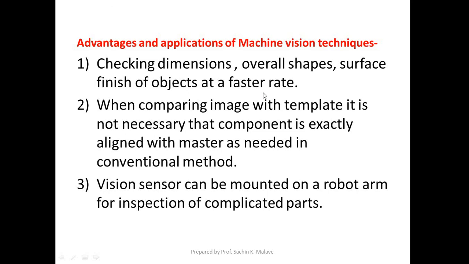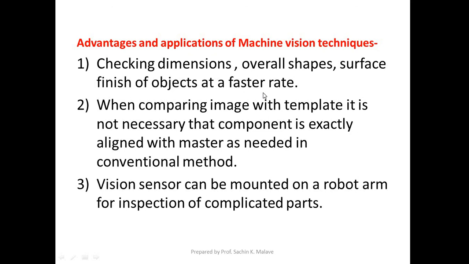As the component gets manufactured, it is being checked, or sometimes it may be checked in process also. Only the okay components will be accepted, and non-okay components will be rejected directly by the system. So the rate of inspection of components by this method is very high.